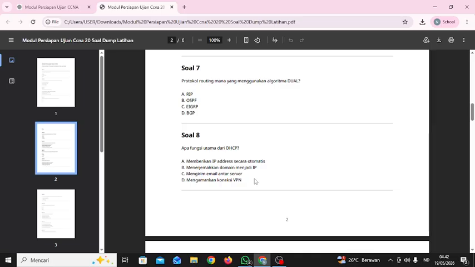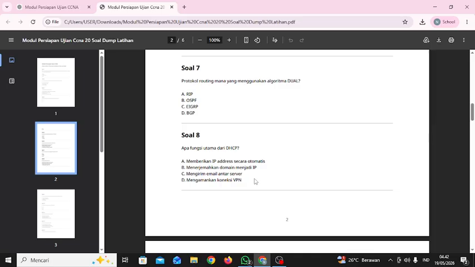A. And then the explanation: DHCP stands for Dynamic Host Configuration Protocol. It automatically provides IP address, subnet mask, default gateway, DNS server. Without DHCP, the administrator must configure devices manually.